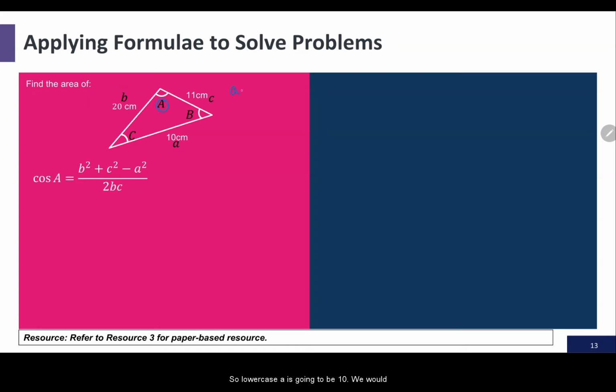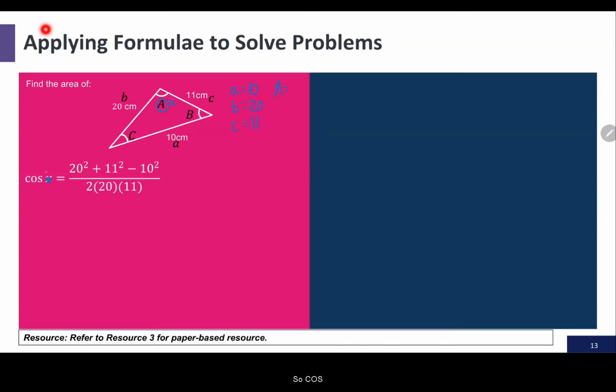Lowercase a is going to be 10, and we'd love to work out what capital A is. So I've got B as 20 and C as 11. That's a revision there of the cosine rule. Noticing that the x here should be an x, I'll call that angle up there x.